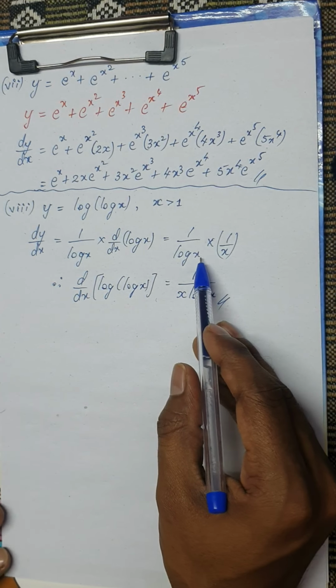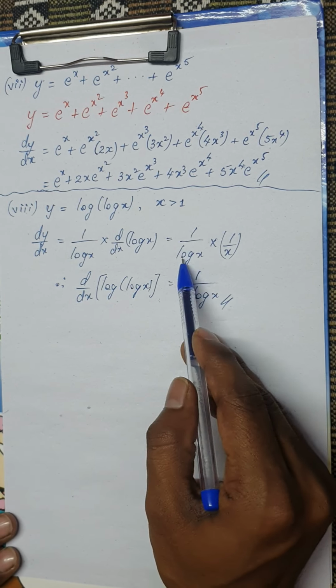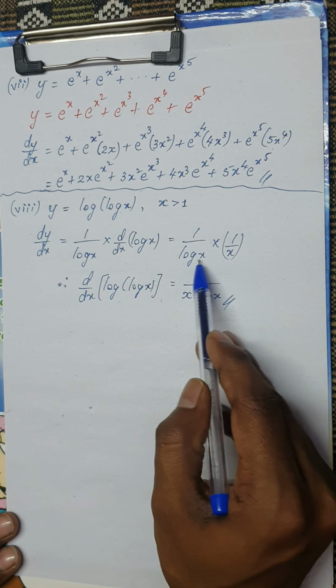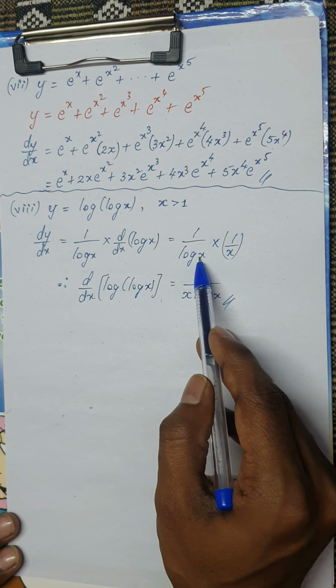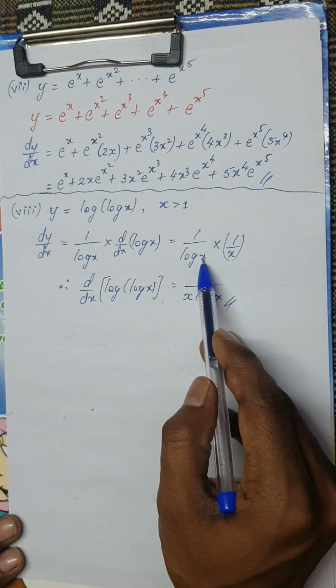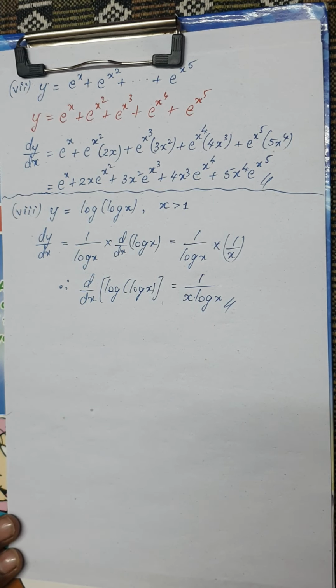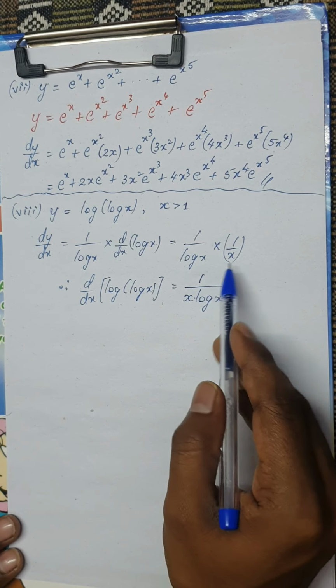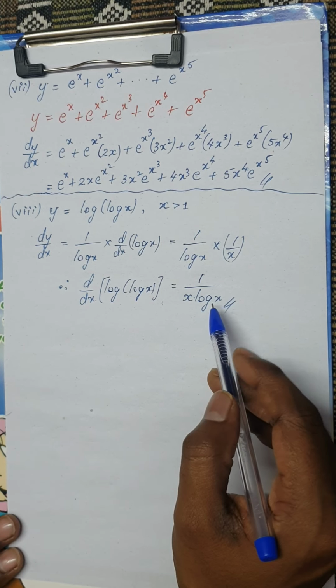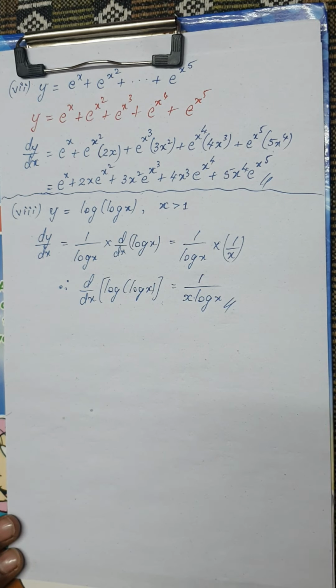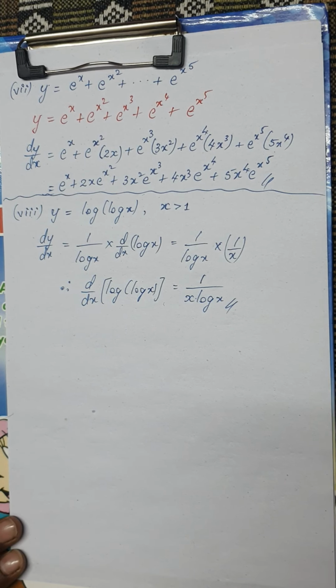Remember, don't make a mistake of writing 1 divided by log of x square. Here this x is an inside function. You cannot multiply this x with this. So this should be written as x log x only. Sometimes students generally make the mistake and write log of x square and lose the marks. Kindly don't make that mistake.